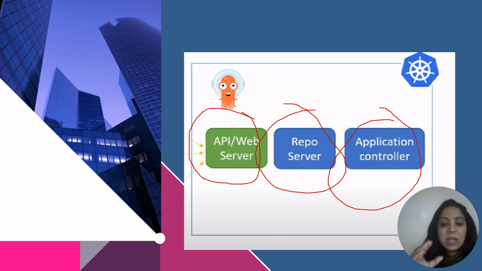Whether you use Argo CD, Flux, Jenkins, Spinnaker or any other tool, the main components of any of these tools are these three. I will explain them one by one in the later slides.